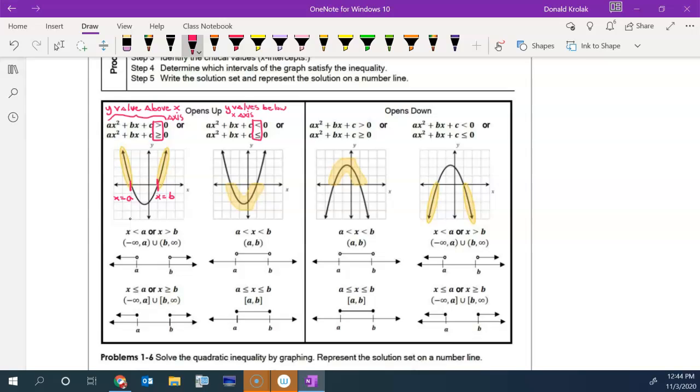So the intervals that satisfy this are outside both A and B, or I'm just going to write: the intervals are outside the critical values.